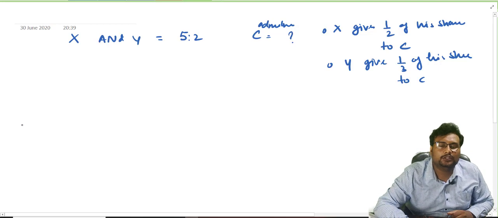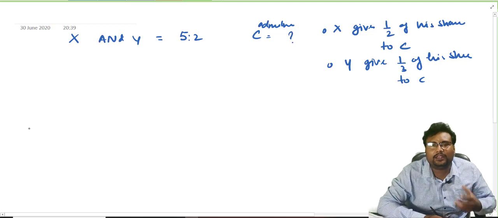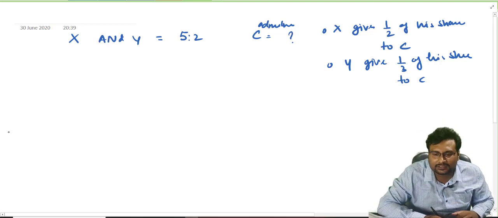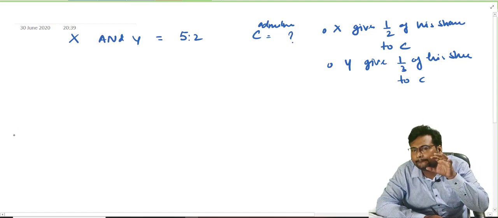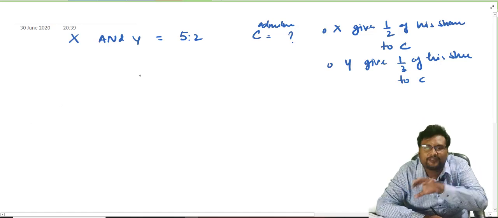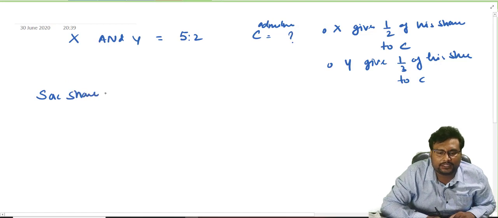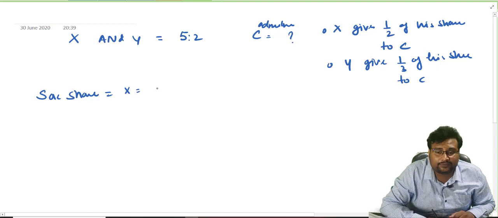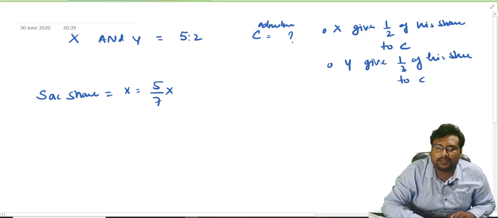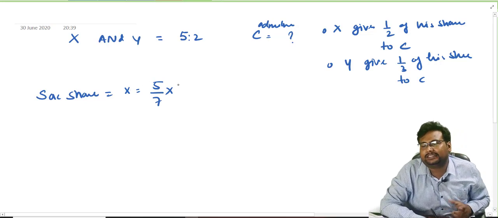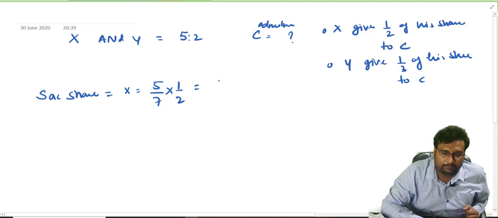So how to find out? First we find out how much X sacrifices. It is actually case number 2, but in a different way. So first we find out the sacrificing share. X's share is 5/7, and he sacrificed half of it to C. So 5/7 into 1/2 is 5/14.